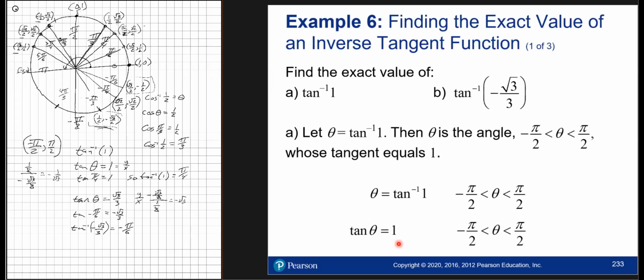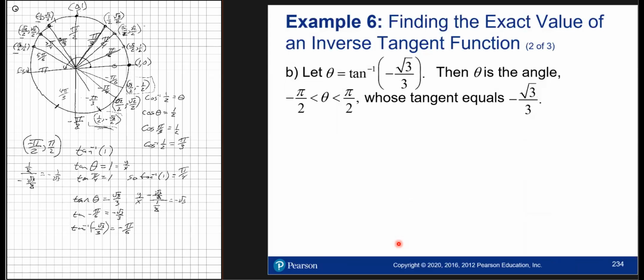For number 1, they don't say what the answer is, but the answer is pi over 4. Right? That was the first one. Did I erase it already? No, there it is right here. That was this one.